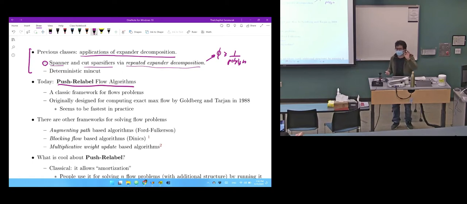It's not just one particular algorithm. Originally, it was designed for solving exact max flow a long time ago. A nice thing about this is also that it seems to be the fastest algorithm for solving max flow in practice, actually. So it's nice to at least see it once.